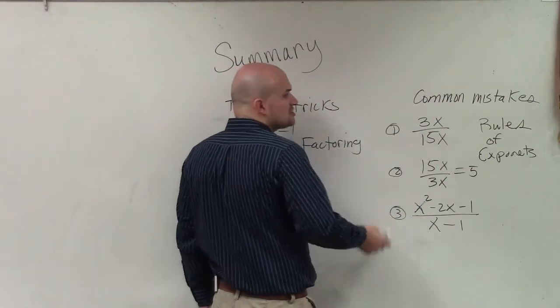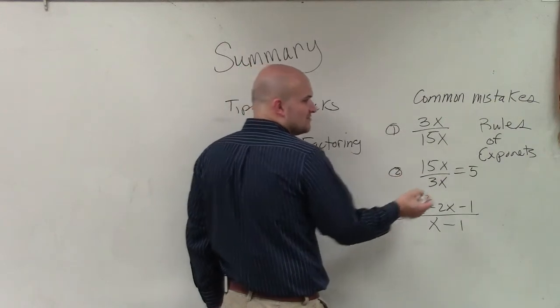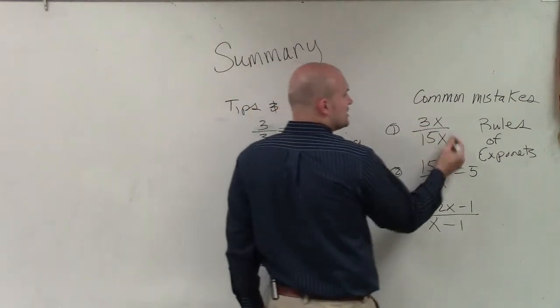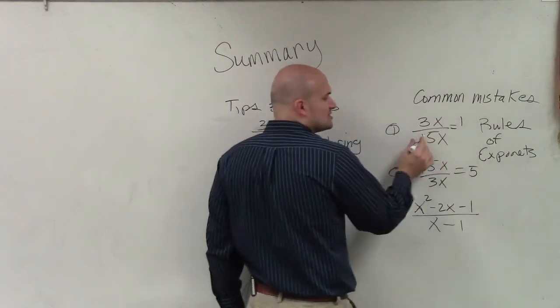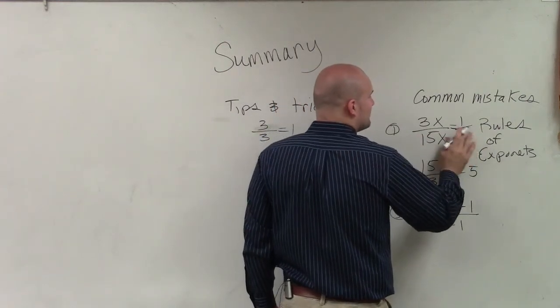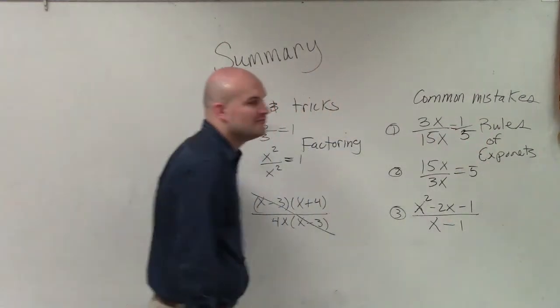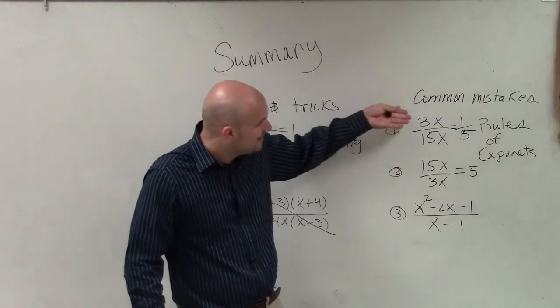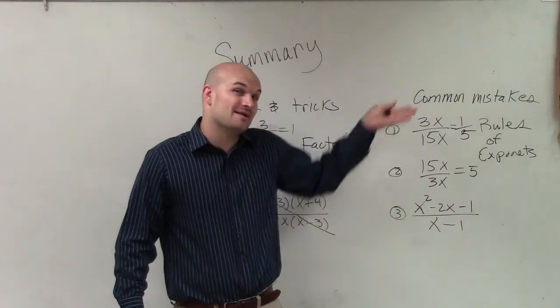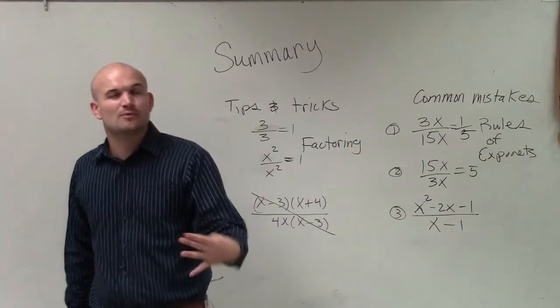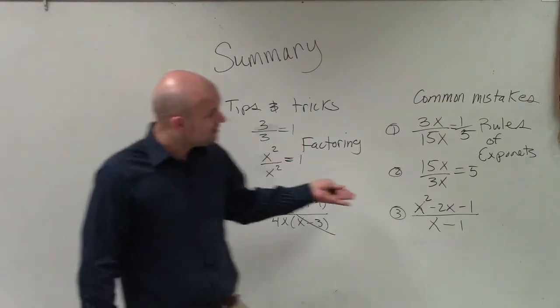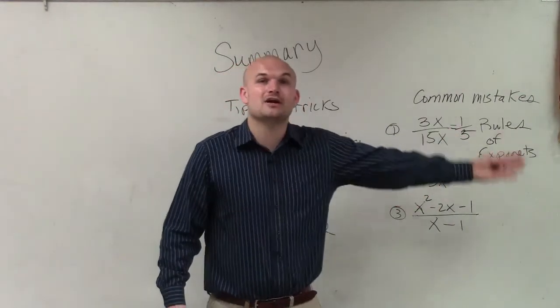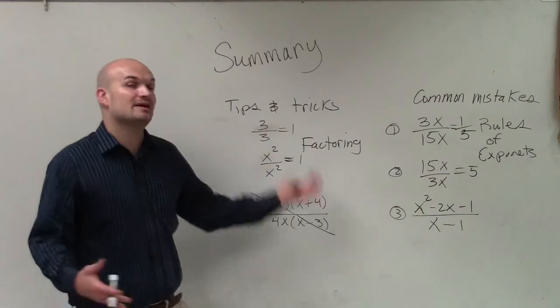So we ask, what is the largest number that divides into 3 as well as 15? You could say that's 3. 3 goes into 3 one time. 3 goes into 15 five times, so therefore we have 1/5. There's a big difference between 1/5 and 5. So we have to make sure we understand what we're doing when we're simplifying numbers, in addition to applying our rules of exponents, the division property, and so on.